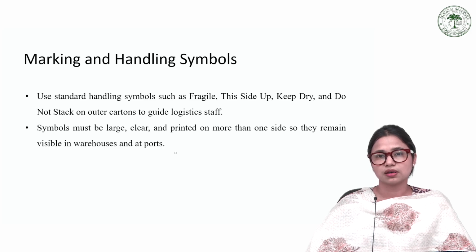So this is why these marking and handling symbols are really important. They carry a large font size, they are printed very clearly, and they might be printed on more than one side of the outer container so that it gives emphasis to the nature of the product being transported or exported. And it specifically means for the logistics staff that it cannot be handled in a regular manner as a normal good.